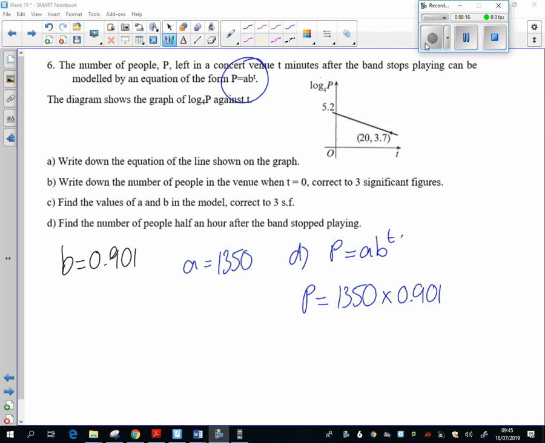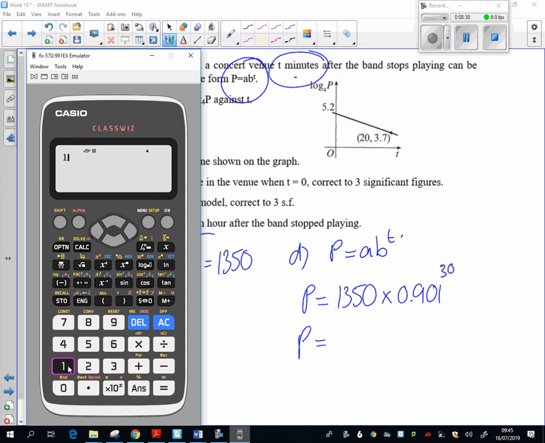And then t, so just be careful, see what t is measured in. Obviously, if it was measured in hours, we'd be putting in 0.5. It's not, it's measured in minutes, so that's going to be when t is 30. And it doesn't actually tell us what to round this to, so let's see what it is. So 1350 times 0.901 to the power of 30.